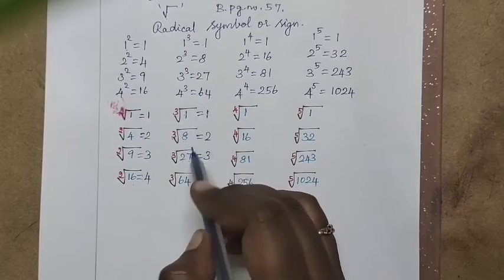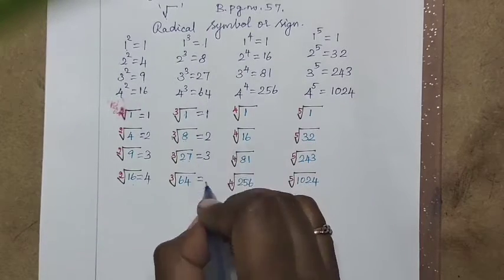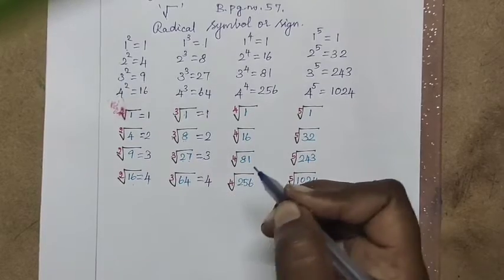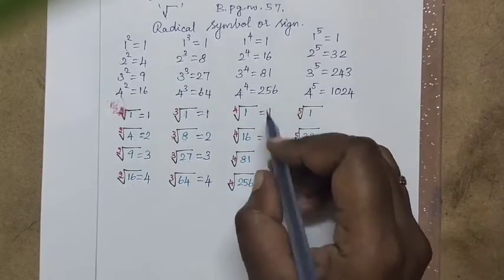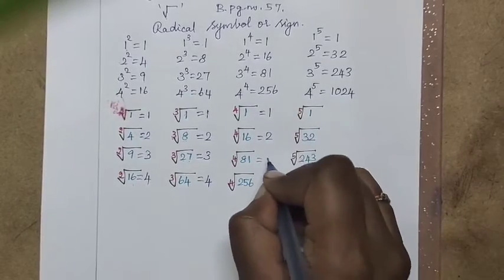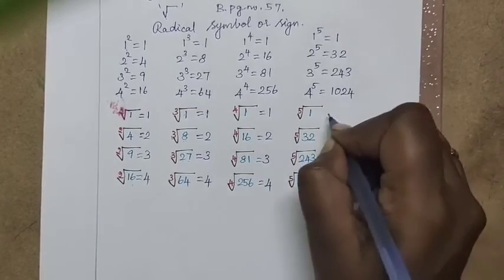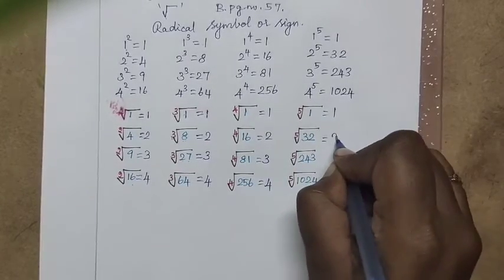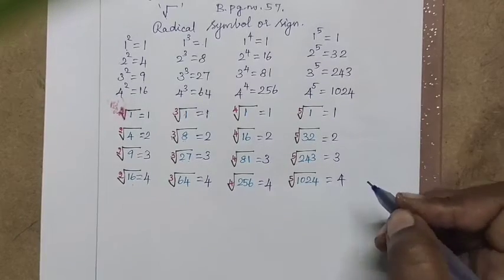Here 64, cube root of 64 is 4. The same way here also, 1, 2, 3, 4.